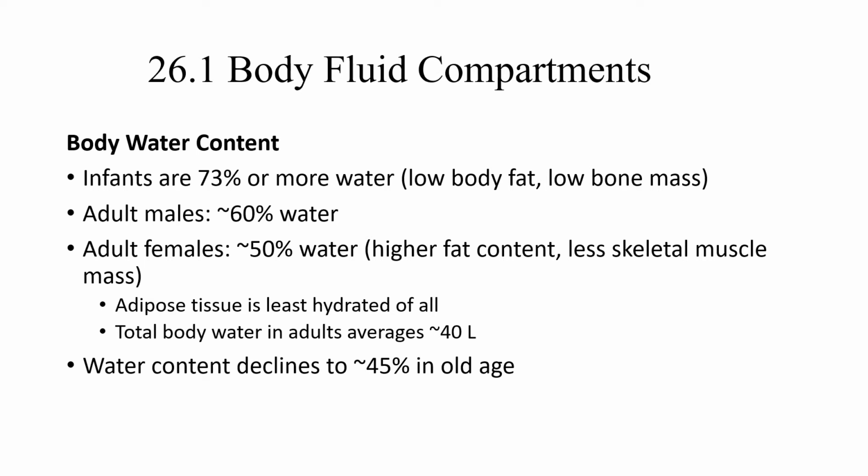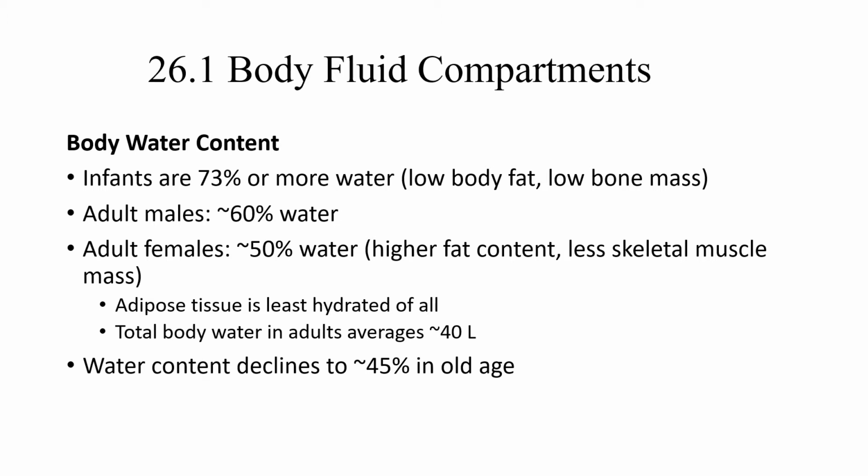So in your body, there are 3 fluid compartments. Our body water content is really based on how much fat we have, skeletal muscle, etc. Because adipose tissue carries the least amount of water. That makes a lot of sense since fats and water don't mix.